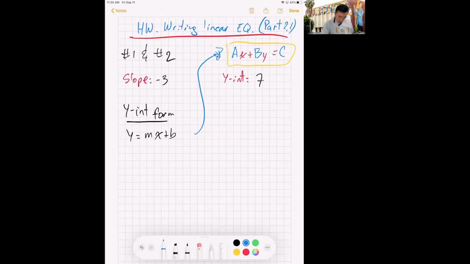Actually, let me write the standard form over here on the side, which is ax plus by equals c.